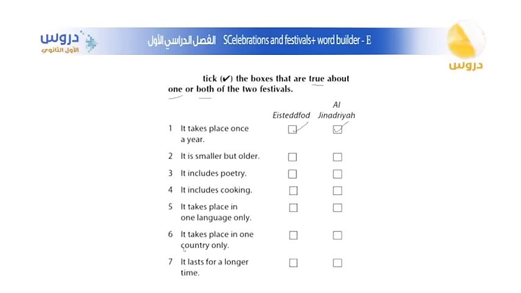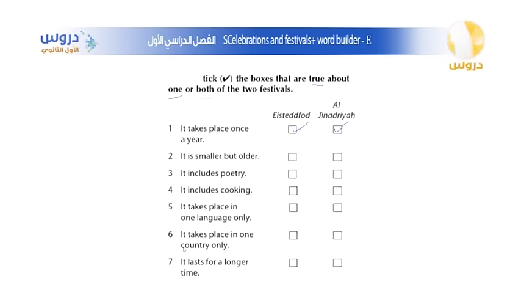What do you think? Is it for Eisteddfod or for Al-Janaduriya or for both? What do you think? That's two. Eisteddfod. That's your answer, Ms. Shahad. That's good. That's your answer.